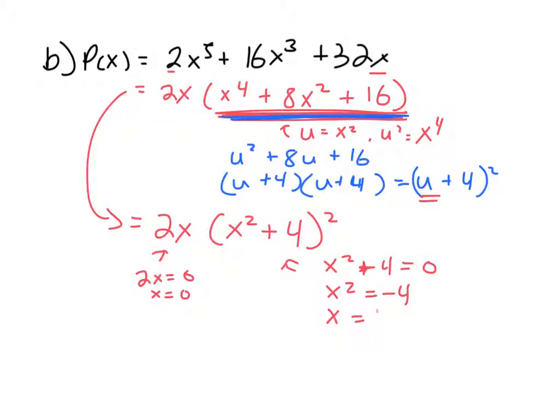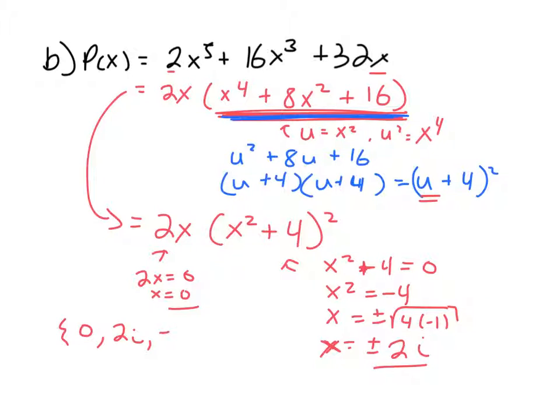So x equals plus or minus the square root of negative 4. The square root of negative 4 is the same thing as the square root of 4 times the square root of negative 1, which is plus or minus the square root of 4, which is 2, and the square root of negative 1 is i. Okay, so these are my zeros. So I'll list them out: 0, 2i, and negative 2i. Okay, these are my zeros.